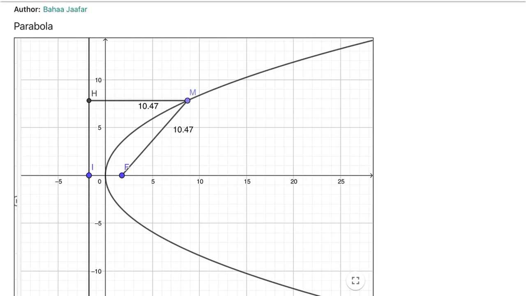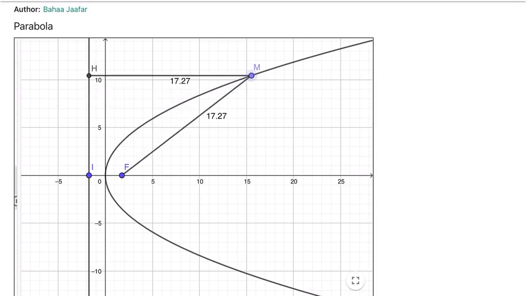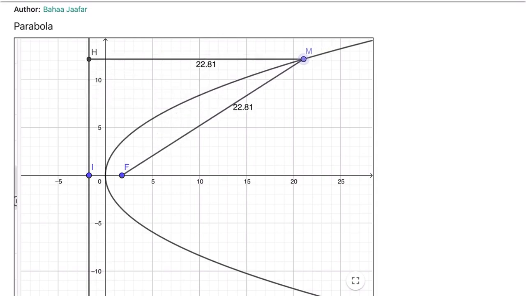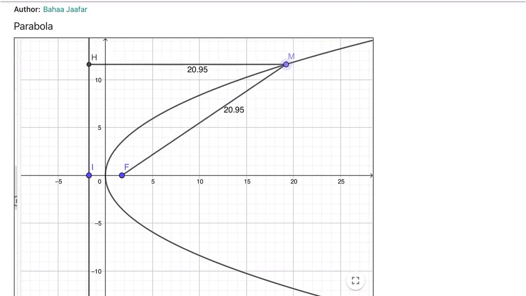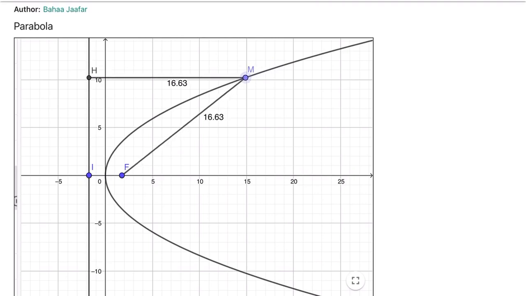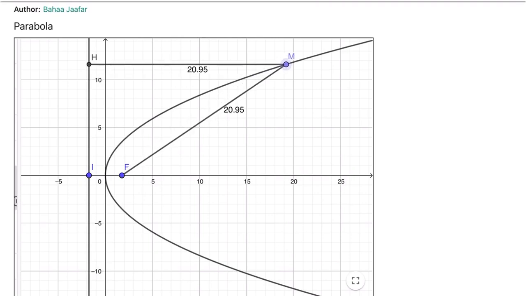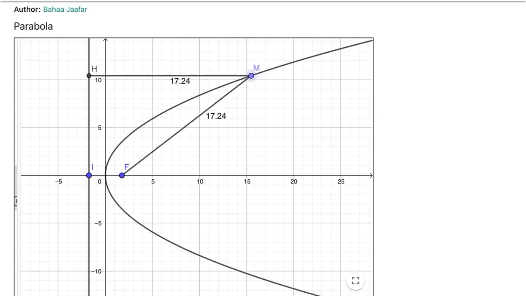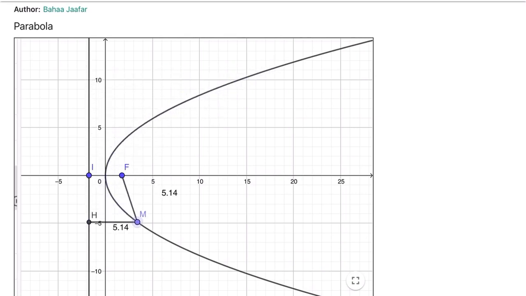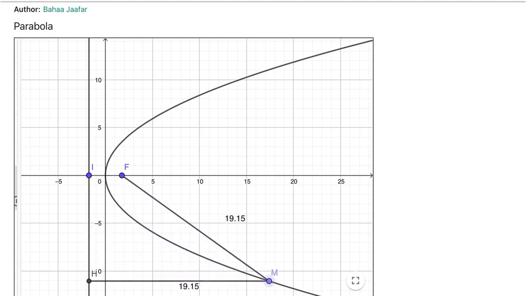Of course, you notice that H is on the directrix. Now, if I move M on this parabola, the distances remain exactly the same. So the distances MH and MF are equal, which means that the ratio MF over MH is equal to 1, so the eccentricity is equal to 1 whenever M is on this parabola.